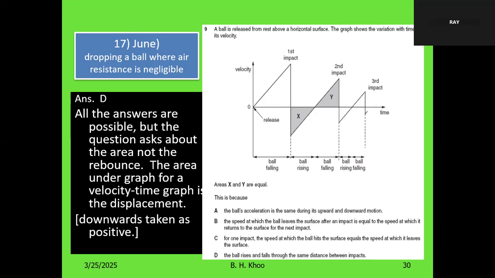Area under the graph is displacement. This part is where it's going up, the ball is rising to maximum height, then it's coming down. No air resistance, so these two areas should be the same because they are the same height.